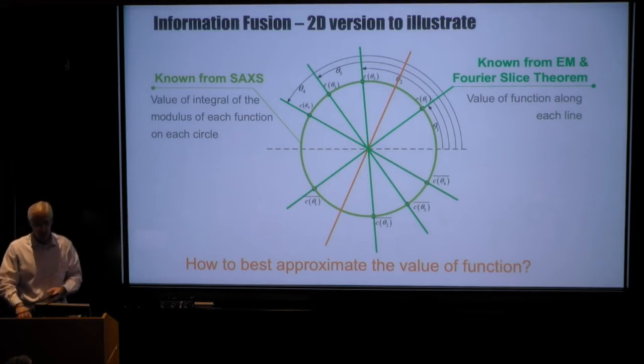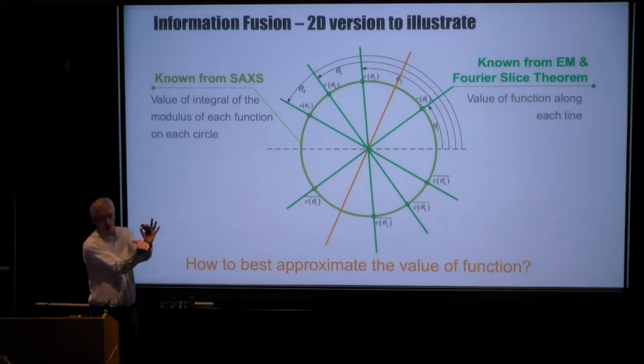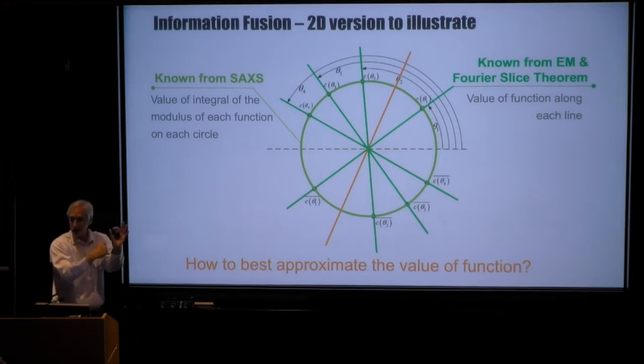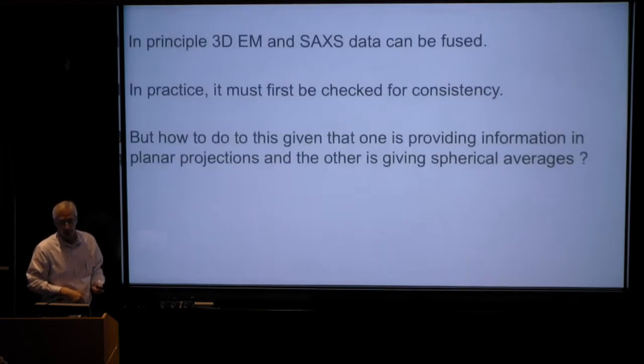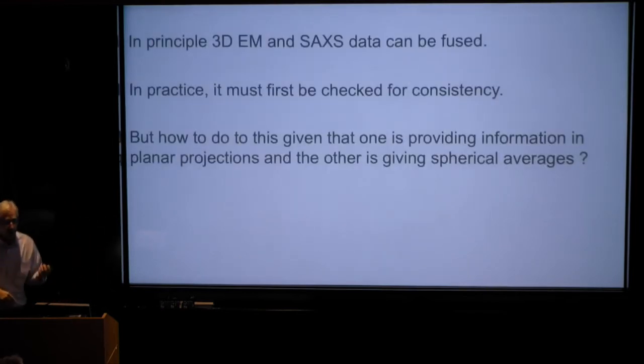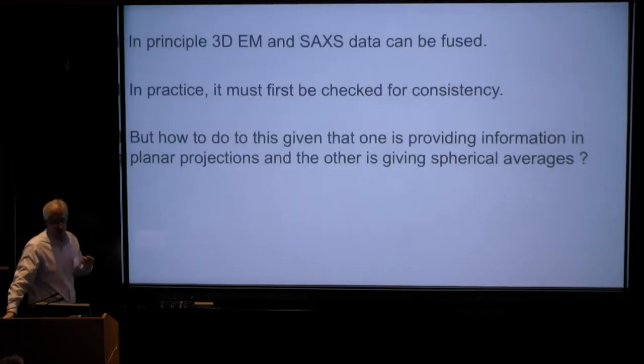That's this 2D analog of SAXS and EM. So if you're missing a big wedge of projection directions, you can complement it with the SAXS. So in principle, these can be fused.